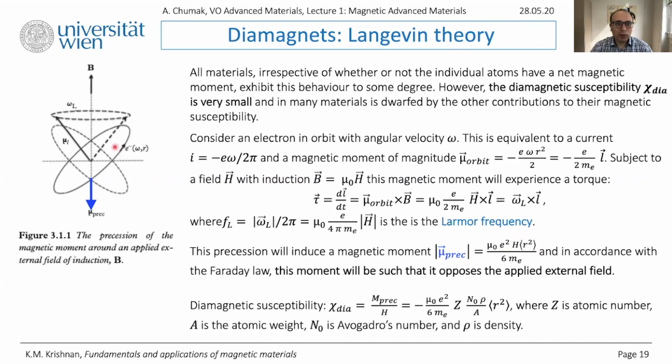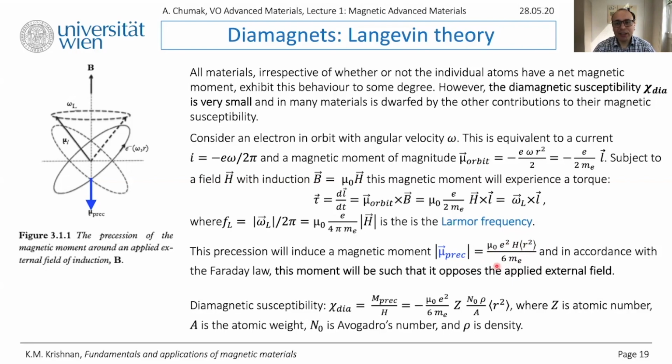You can couple it to the original radius of the orbit of your electron, but you need here an additional factor of 3. That's why the magnetic moment created by the Larmor precession can be found in such form, where you have average R squared divided by 6 m e, and is proportional to the applied field H. And here is the formula for the absolute value of the new magnetic moment created by the Larmor precession.